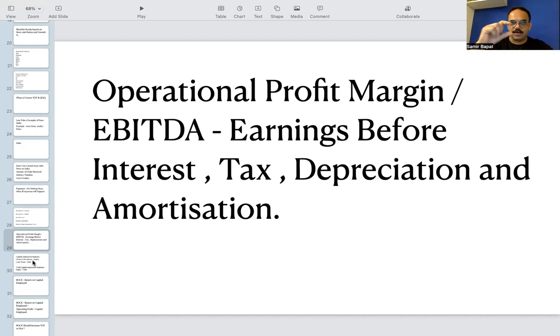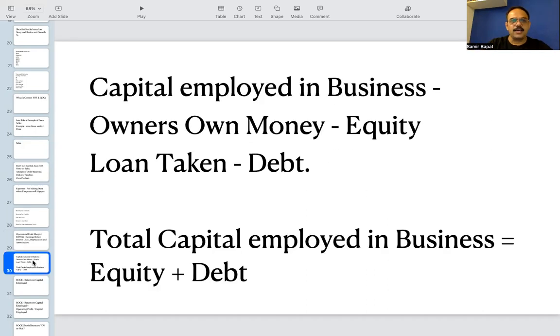Before we go to our first ratio, ROCE, let's understand capital employed in any business. For example, if you are buying a house, you bring your own money. The owner's own money is called equity. Loan taken is debt. These are the two terms you have to remember.